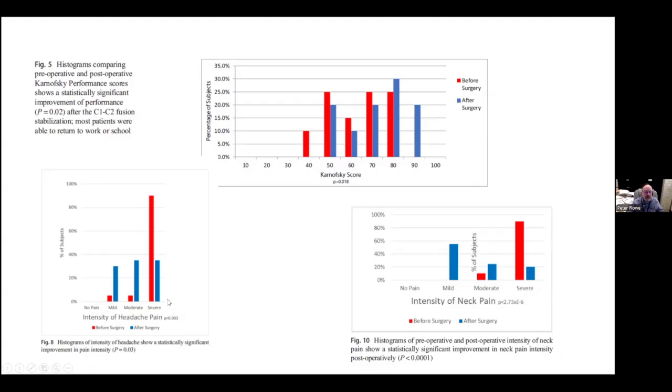The intensity of the headache pain also shifted to the left. That is, fewer patients with severe headache and also fewer patients with severe or moderate neck pain. No one should expect a complete return to completely normal function. Remember, this was a study done in people with Ehlers-Danlos syndrome.